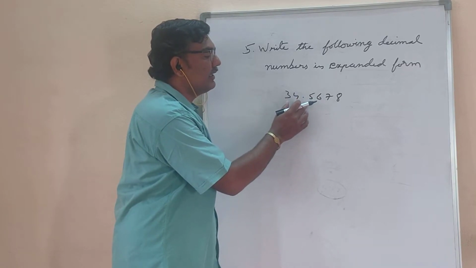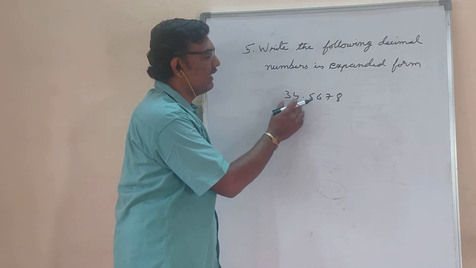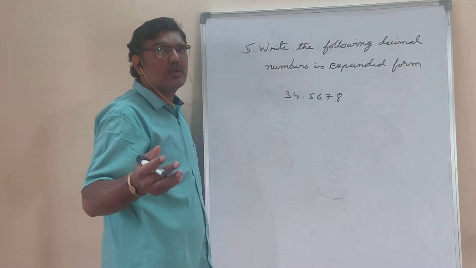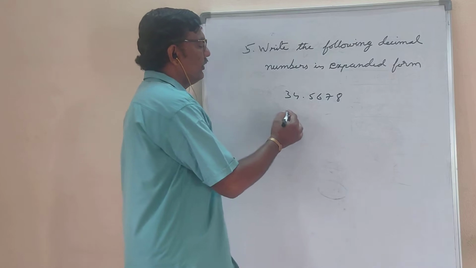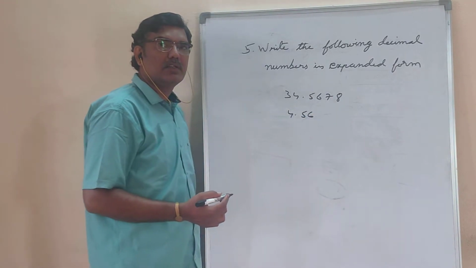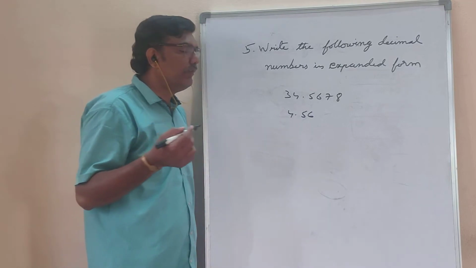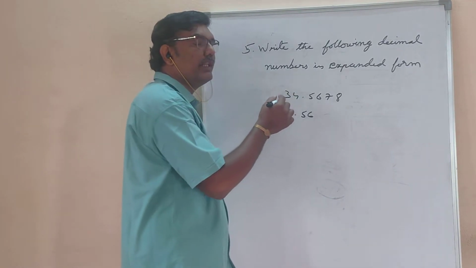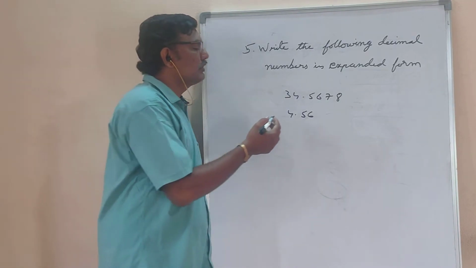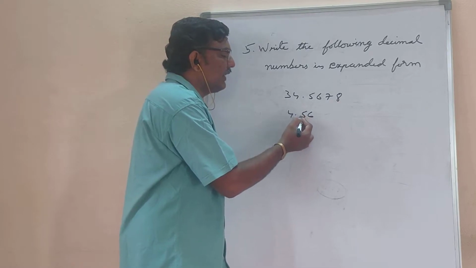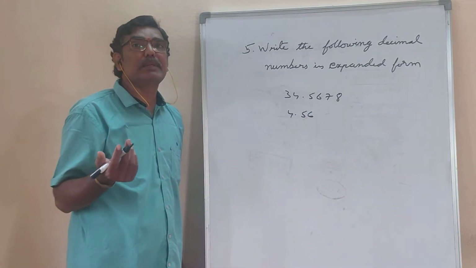Some students or teachers read this as 34 point 5678 as fifty-six thousand, which is wrong. You should not read 56 because that digit is not present in the tens place.